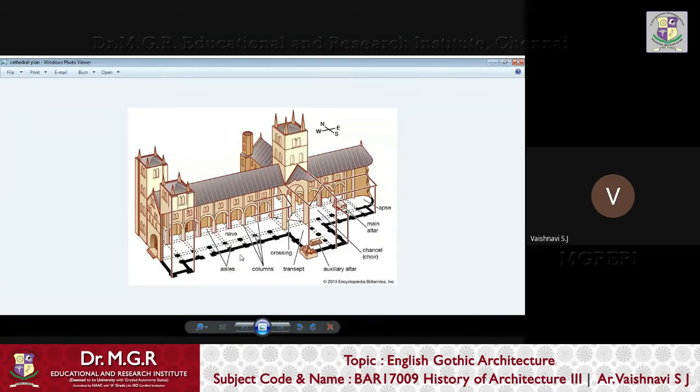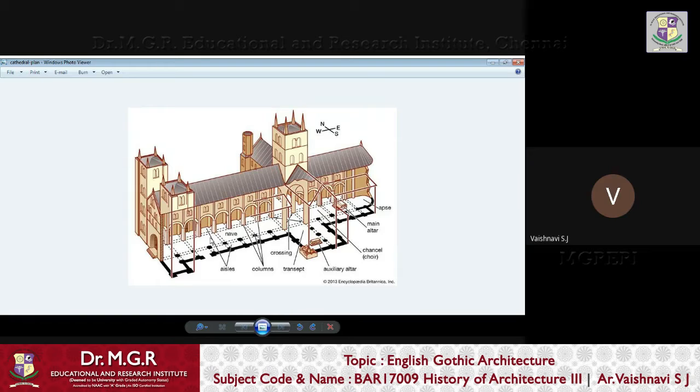They have given part plan, part elevation and part section here. So you can see the nave, the central portion running from the entry to the end of the church, and aisles are the portions on the sides of the nave. You have arcades near the nave where it supports the aisle portion.